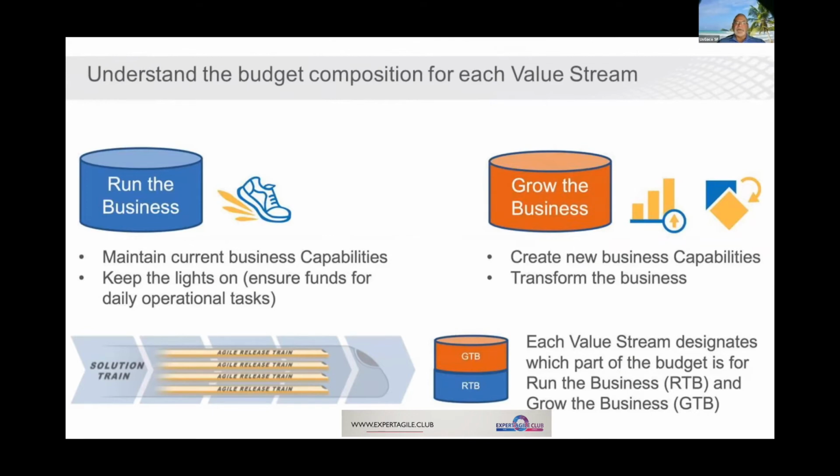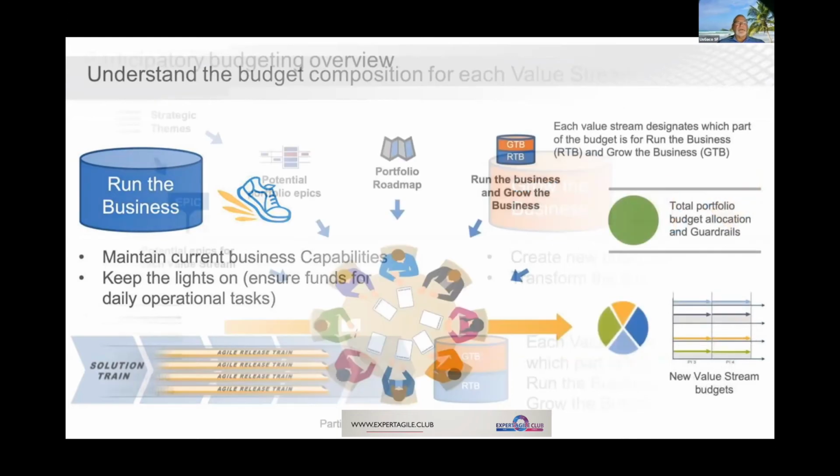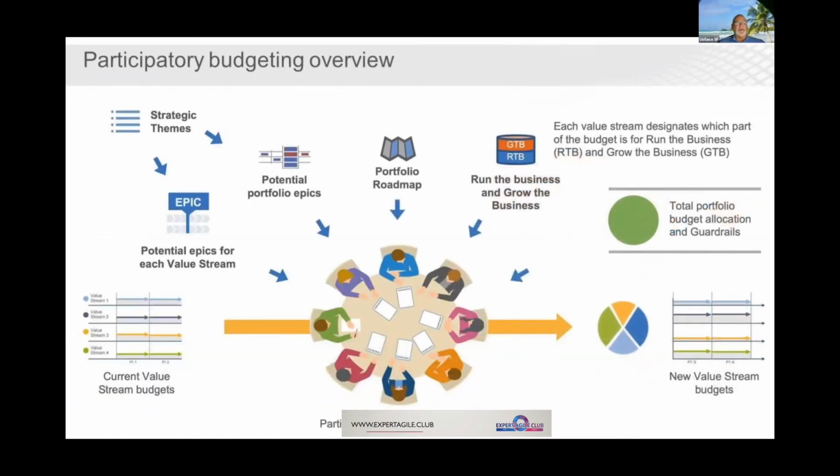But the grow the business money, we're going to talk about what's important to us and how we can grow the business the best. And so with participatory budgeting here, you have the current value stream budgets, and then the portfolio roadmap, grow the business, and then the outcome is the new value stream budgets.